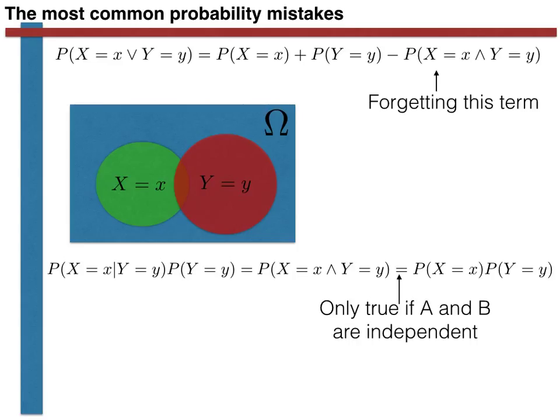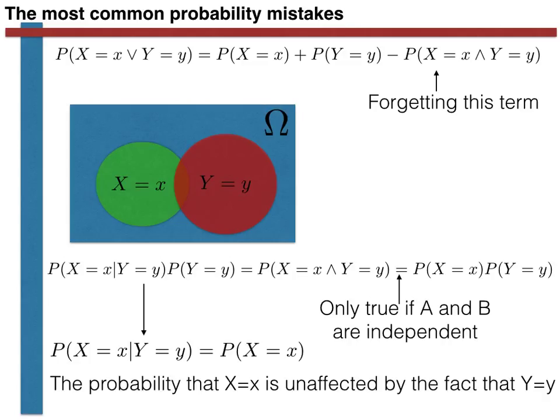Now, if you equate the term on the extreme right of this equation with the term on the extreme left, you find that the equality implies that the conditional probability that capital X equals small x, given that capital Y equals small y, must be equal to the probability that capital X equals small x. In other words, the probability that X will equal x will be unaffected by the fact that capital Y is equal to small y.